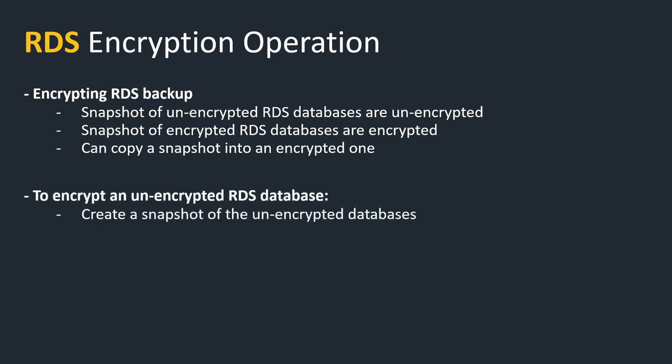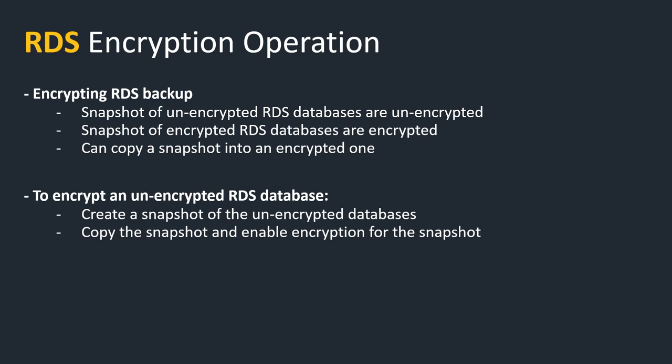So now that brings us to how we encrypt an unencrypted RDS database. The first thing we do is create a snapshot of the unencrypted RDS database, which will be unencrypted, and then we copy the snapshot, and for the copied snapshot we enable encryption.